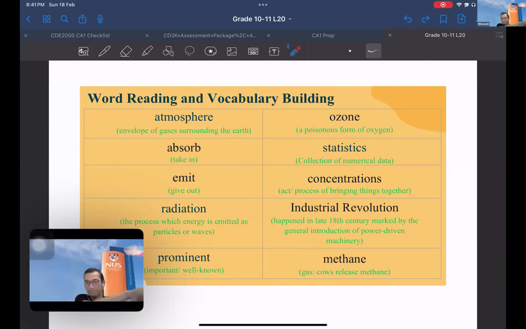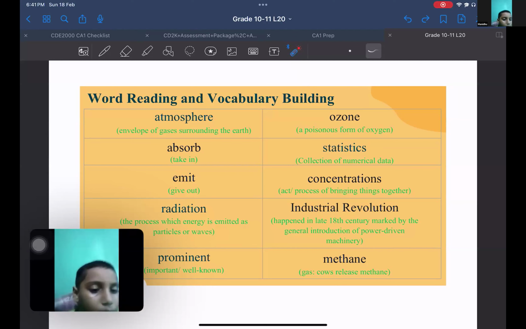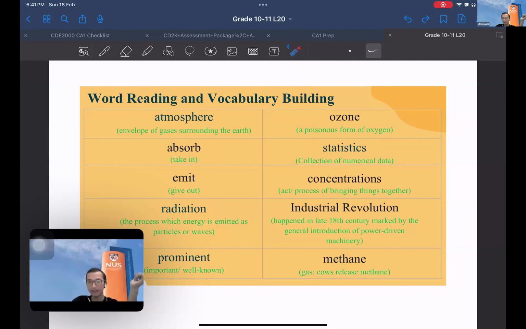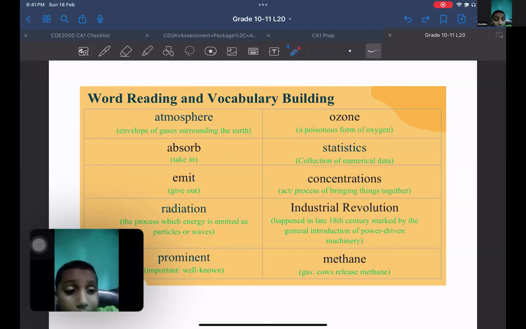Concentration. Concentration has a very broad meaning actually. One of the meanings here is the act or process of bringing things together.